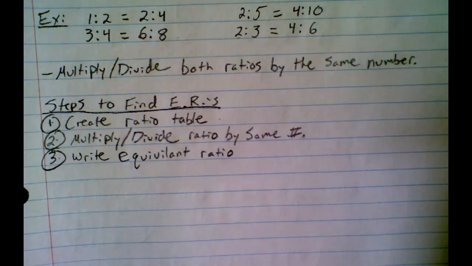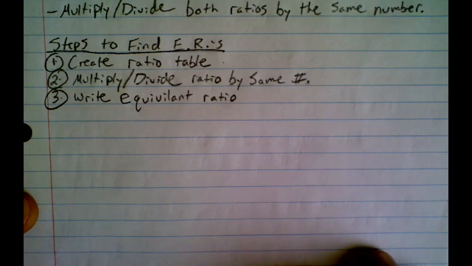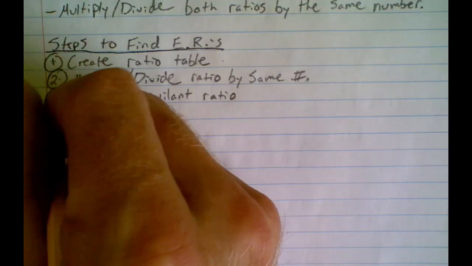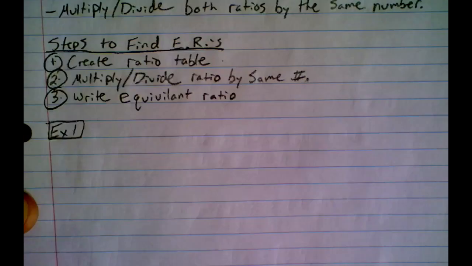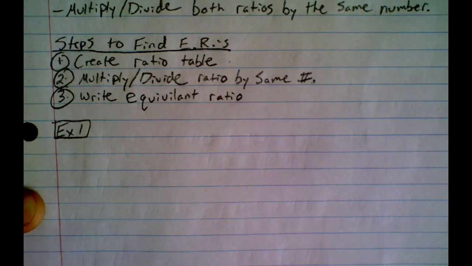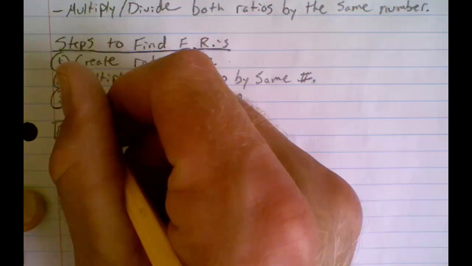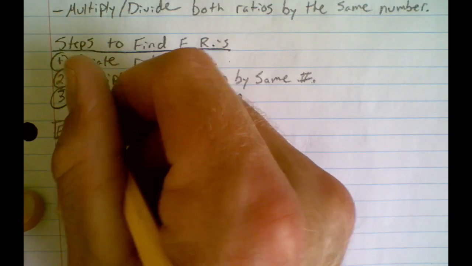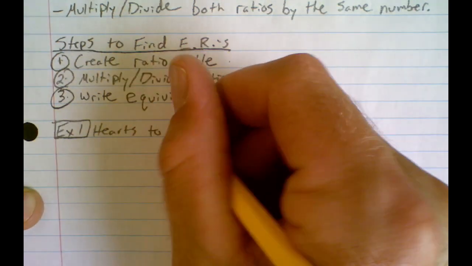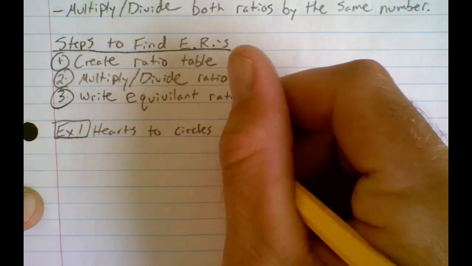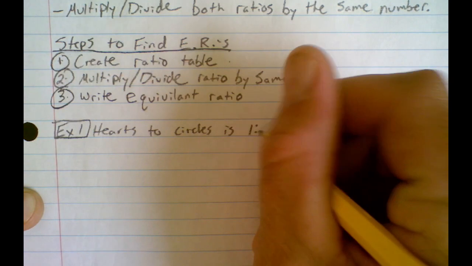So let's take a look at an example. Just underneath your steps, go and write EX1. Example 1 says hearts to circles is 1 to 2.